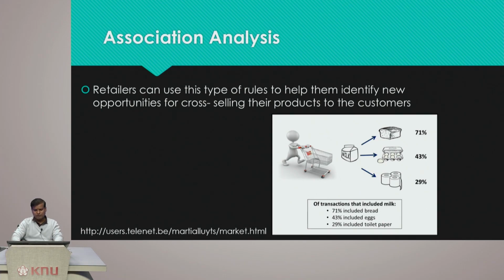Say for example, products like beers and diapers are completely different products, but still they have found that there is some relationship between these two products, especially during the weekends. Yes, when you make certain analysis, you can come up with the right pattern, and then we can see the right association between these products.